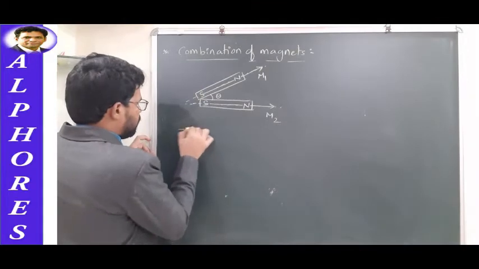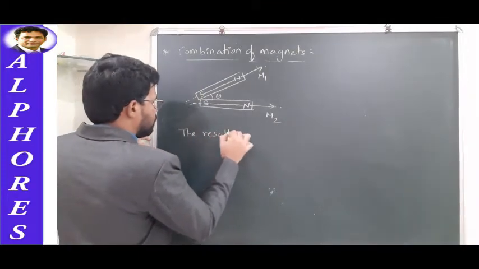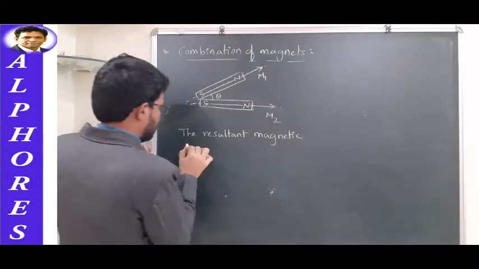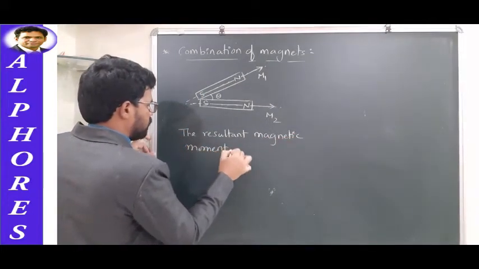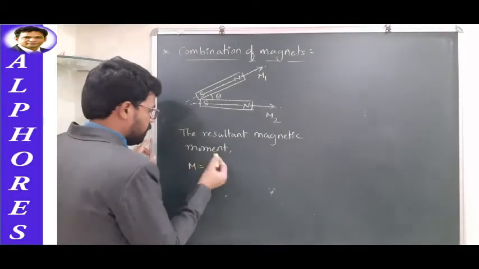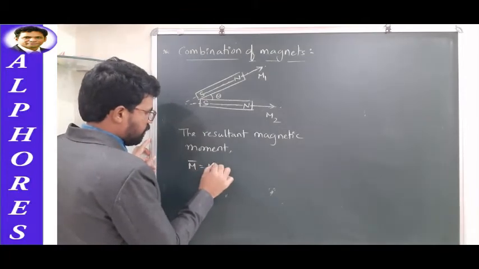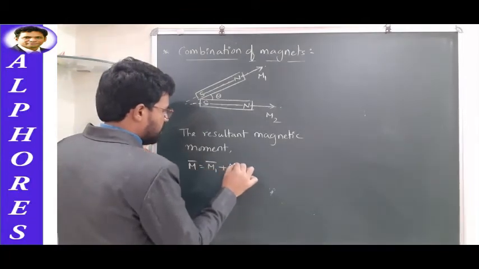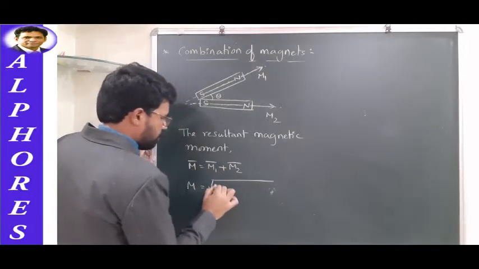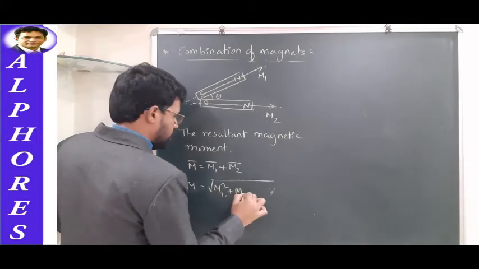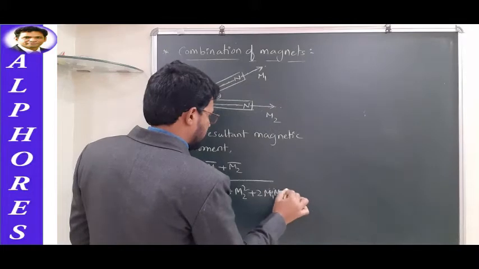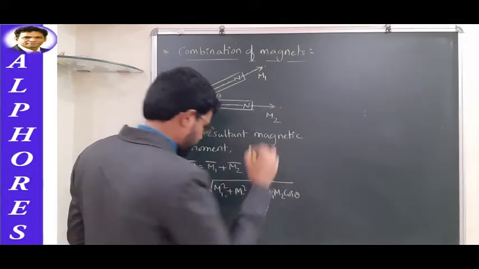The resultant magnetic moment M, using the parallelogram law of vector addition, can be written as M bar equals M1 bar plus M2 bar, and the magnitude is equal to under root M1 square plus M2 square plus 2 M1 M2 cos theta.